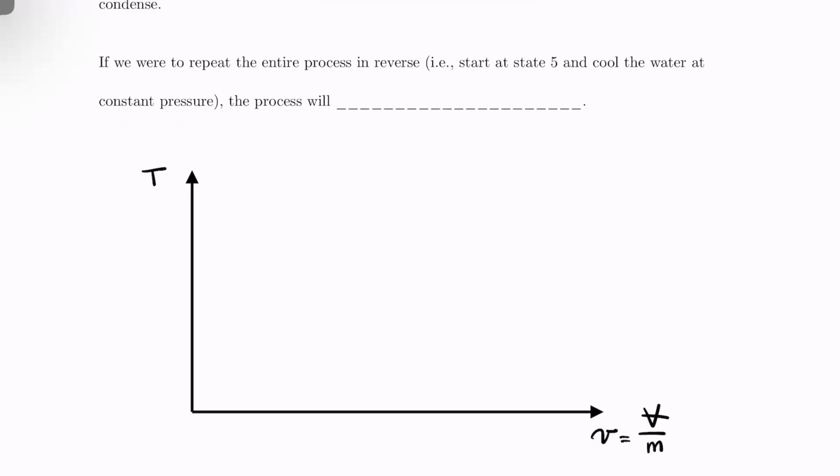If you recall, we started at 20, and this is T in degrees C. So we started at 20 degrees C, and this was state one. Then we ended up heating up our fluid to 100 degrees C, and its specific volume increased just slightly to get to state two.